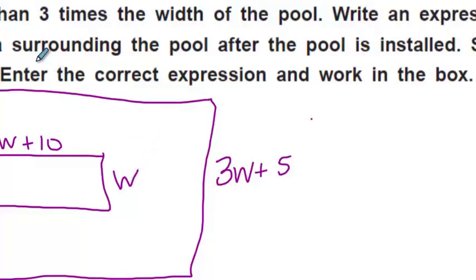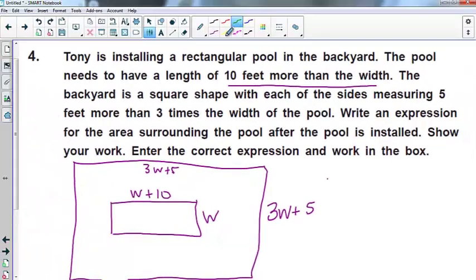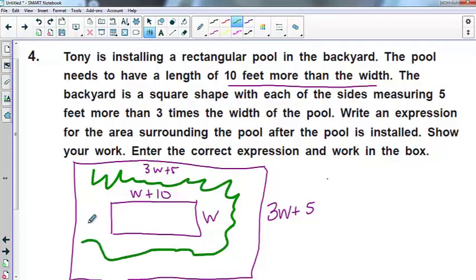Are you with me on that? That's the side length. Does anybody not know where we got that from? Everyone does know? Okay. So it says, write an expression for the area surrounding the pool. So that's this area surrounding the pool after it's been installed.